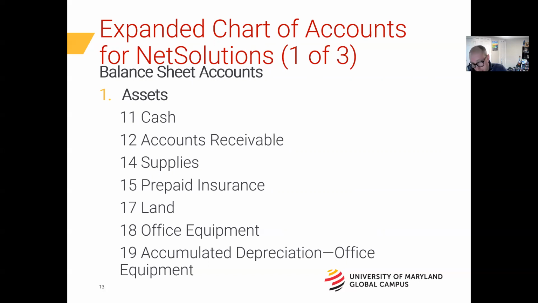Remember, prepaid accounts are considered assets because the company has legal claim to those funds until they're used, of course. Land, equipment, and accumulated depreciation, which we're going to talk about shortly.